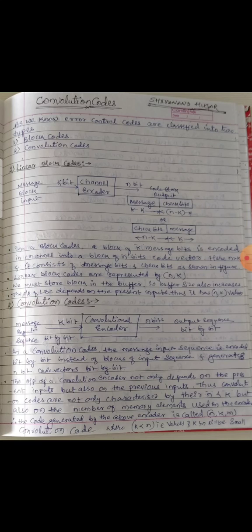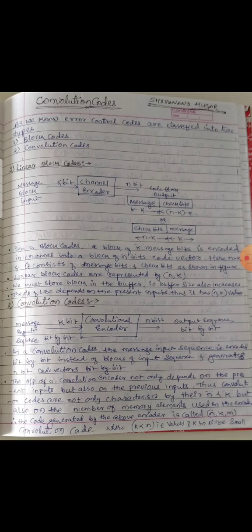So it is represented by only two parameters, n comma k. k indicates the message bits, and n indicates the n bits of the code block output. So this is about block codes, or linear block codes.